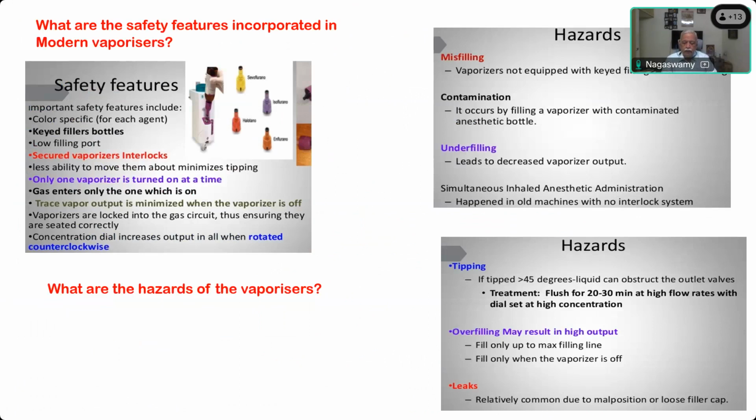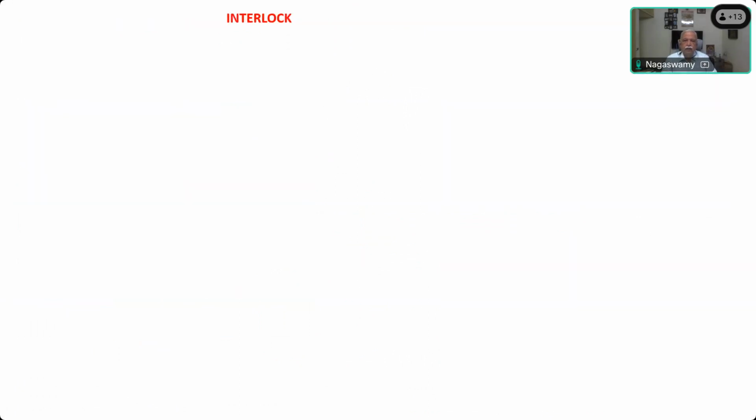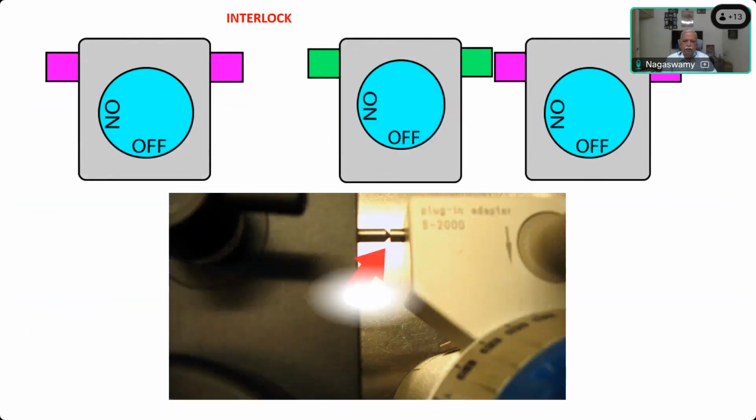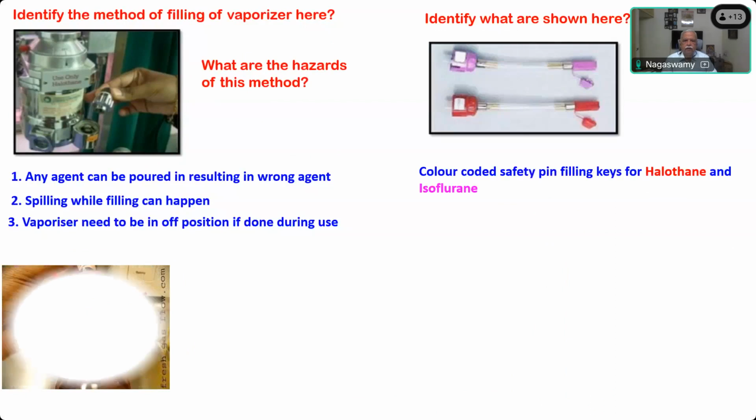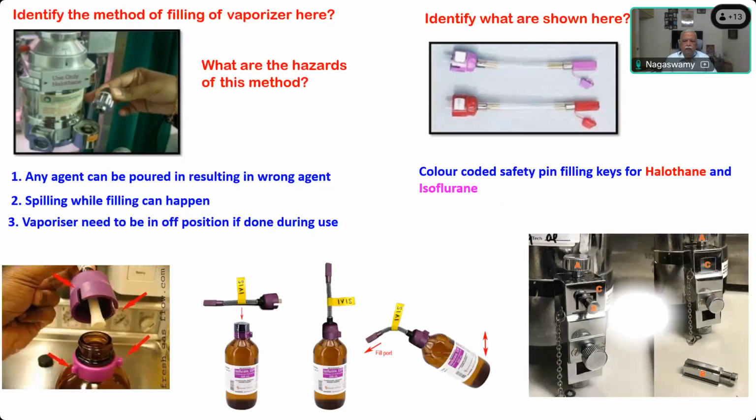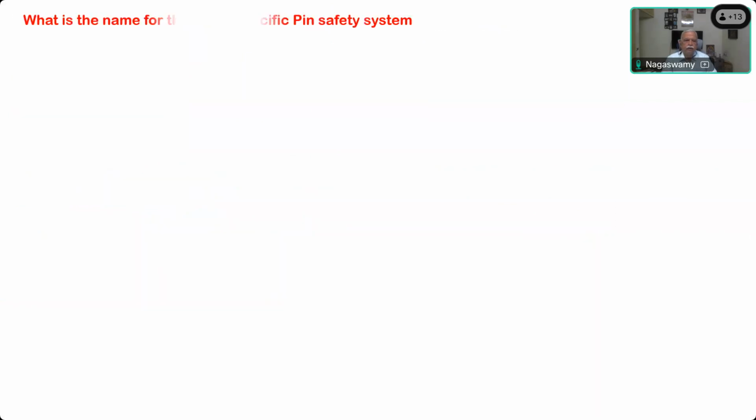And also, when you fix it by constantly removing it and refixing it in the back bar, there can be leaks. This is how the interlocking system works. This is the picture to show that, and you can identify the method of filling. These are all the methods to show how it can be done.